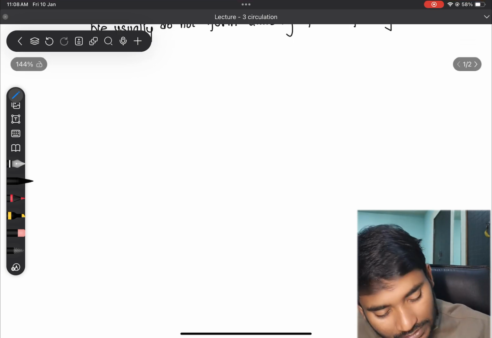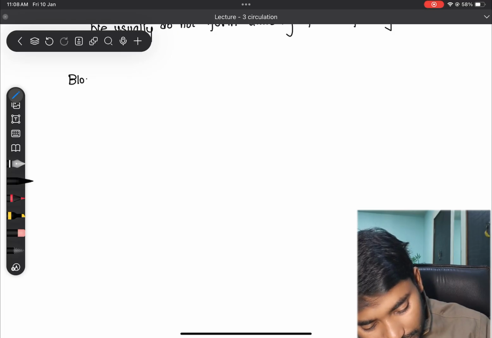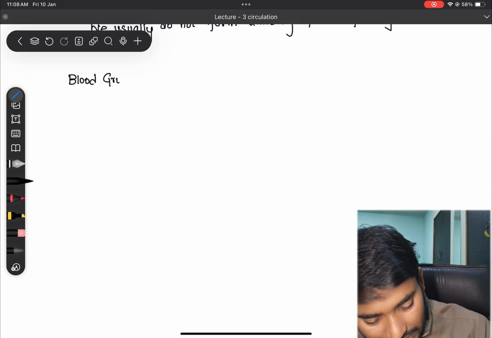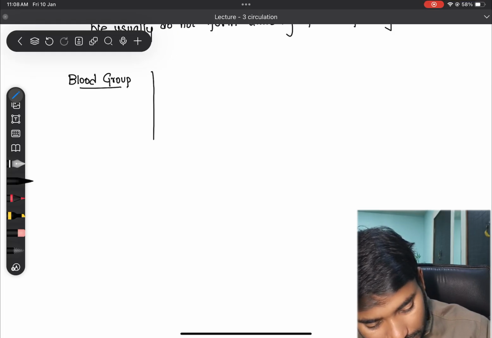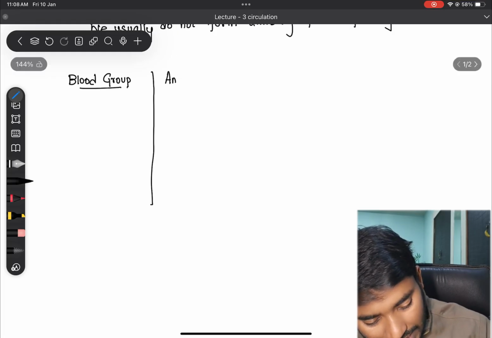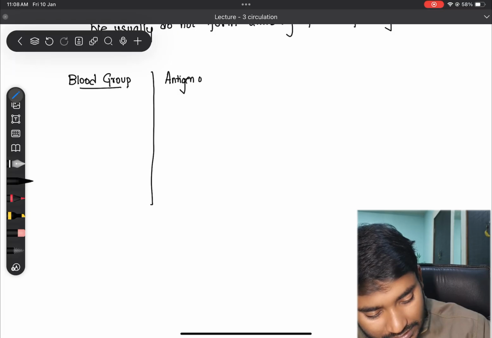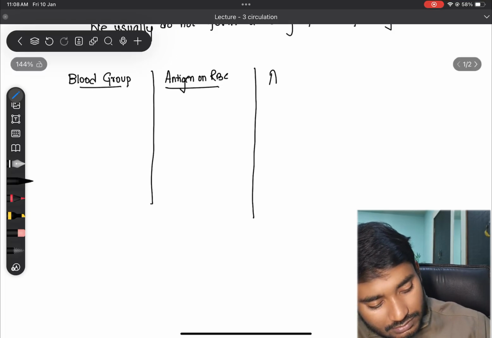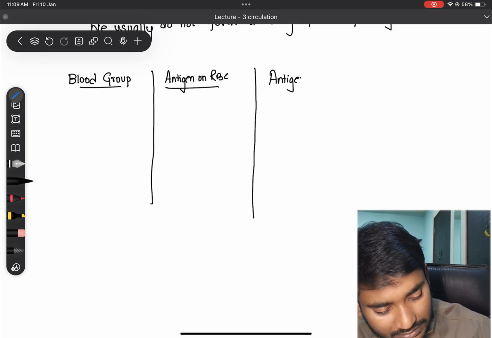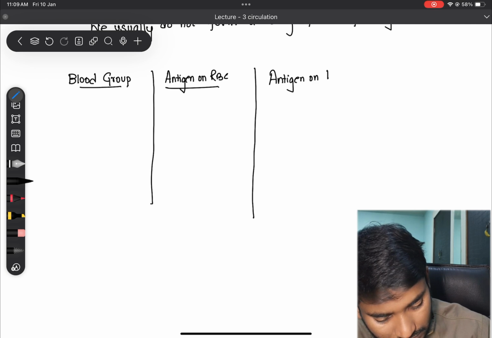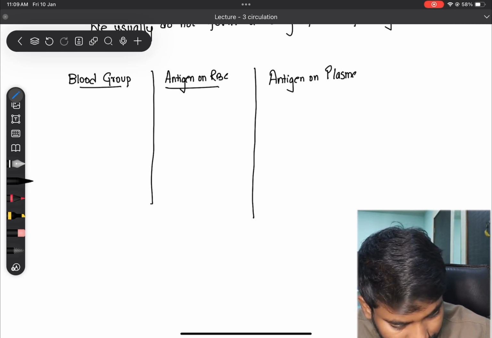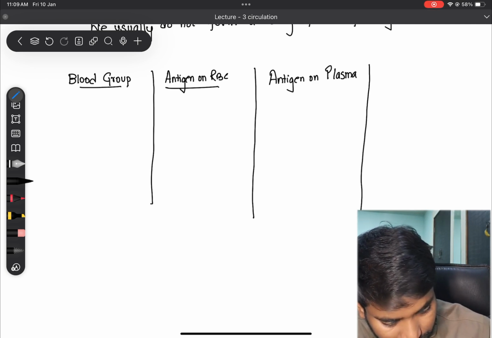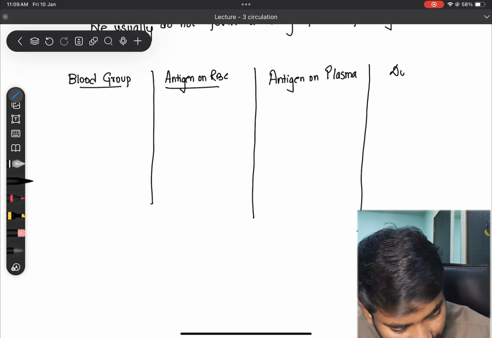Now in blood group, antigen on RBC, antibody on plasma, and the donor.